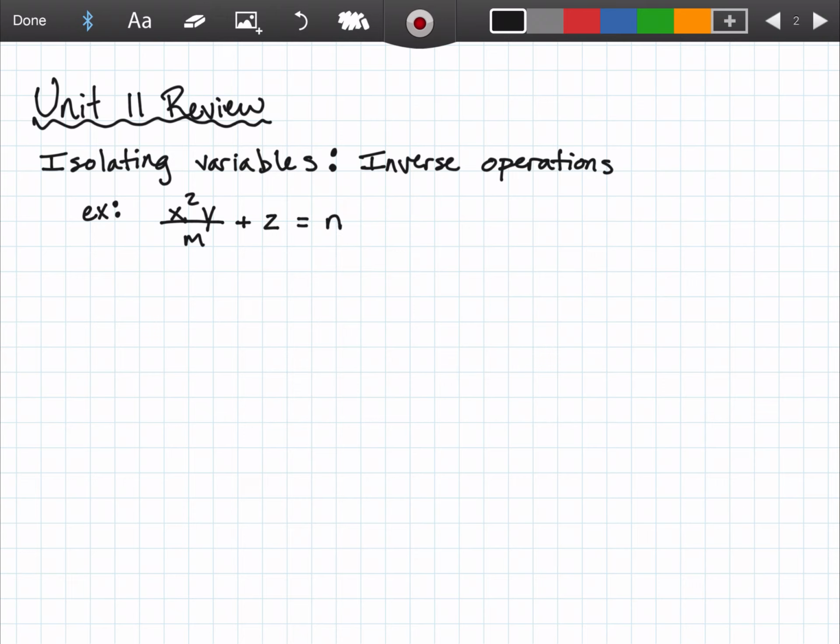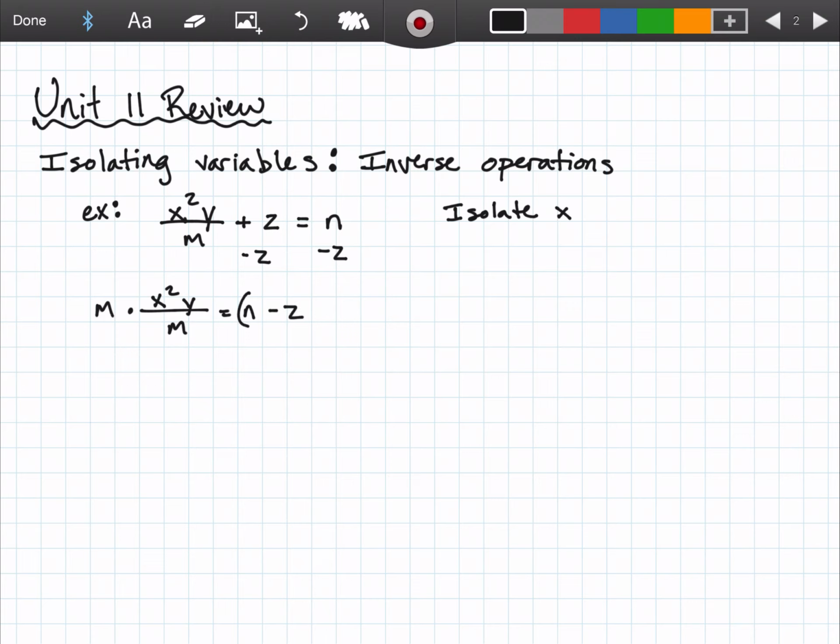And let's isolate x. Well, get x by itself. We're going to start moving what is least attached first. So x squared y over m equals n minus z.